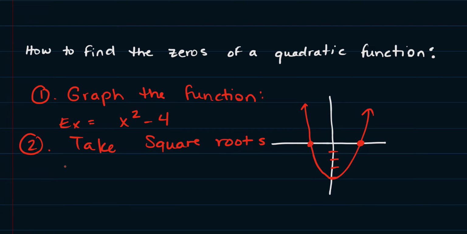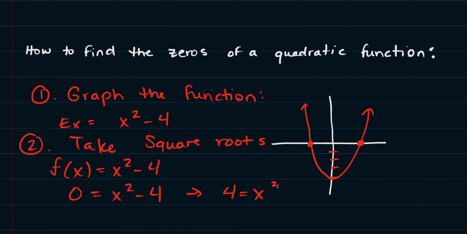What you're going to do is you're going to set the function equal to 0. So let's say we had f of x is equal to x squared minus 4. We set it equal to 0. We move the 4 over, and then we can take the square root. So x is going to be plus or minus 2 by taking that square root. And that will give you the zeros of your function.